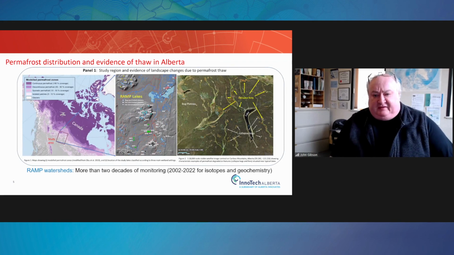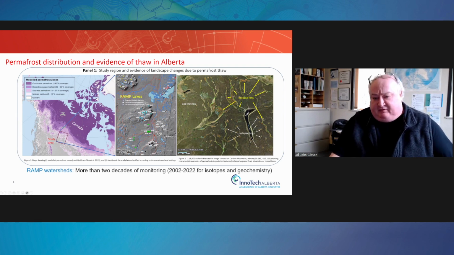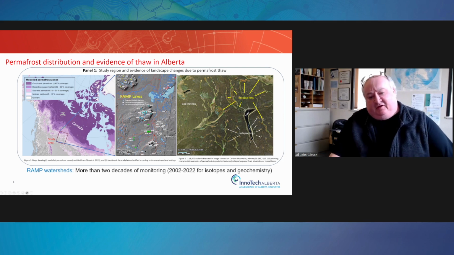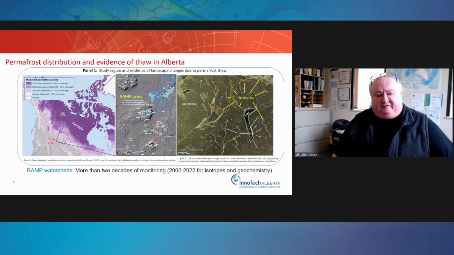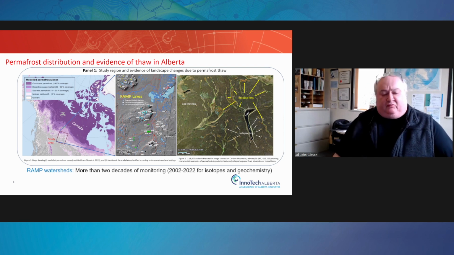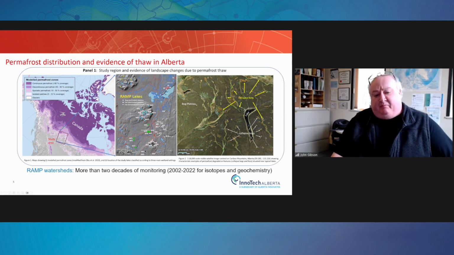The process that we attribute the changes to is permafrost thaw, and this is observed in the field at these 50 lakes. We show here in the left panel just a map of permafrost zones in Canada. We're looking at a region right on the southern boundary of the permafrost zone.